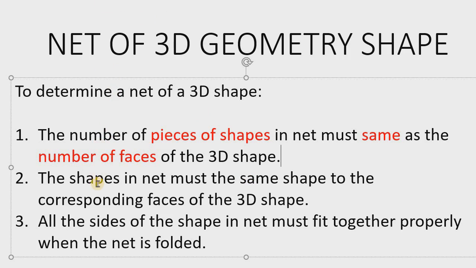The shape you use must be the same as the faces in the 3D shape. So for example, cuboid, sure you will get rectangle faces, so all the shapes in your net also will be rectangles.